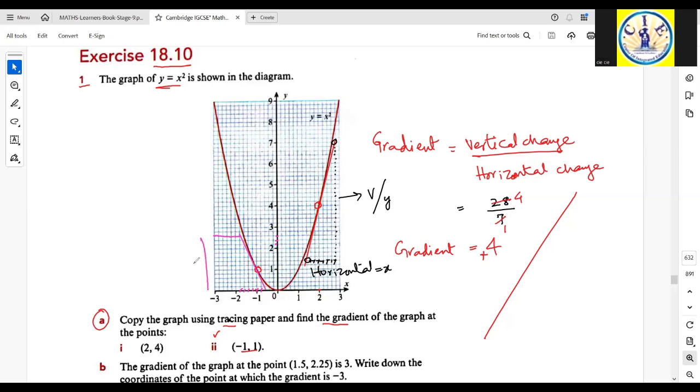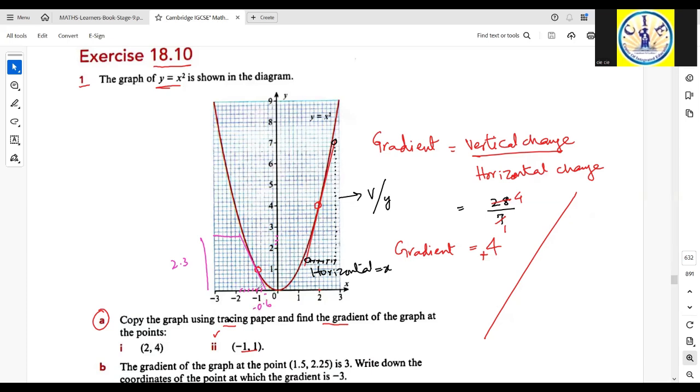So 2.3 is the vertical change, and for x we see that it is going from negative 0.6. The third small box is there, so each box is representing 0.2. So this is negative 0.6.